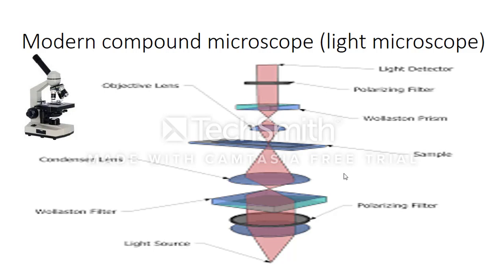Certain parts of cells retract light more than others, and we can use this to further amplify the way the cell is so that we can see it better. And also consider if these light waves run into each other through destructive interference, you will not be able to see anything.